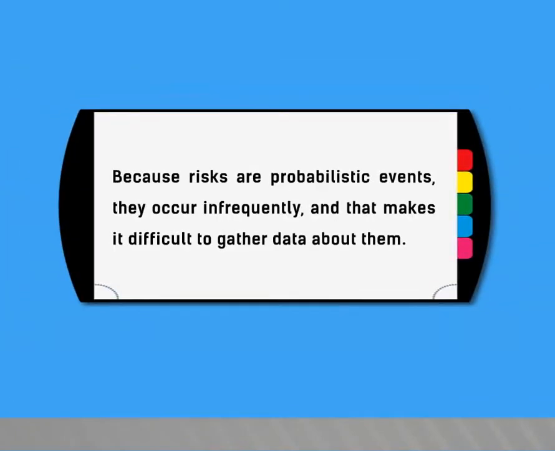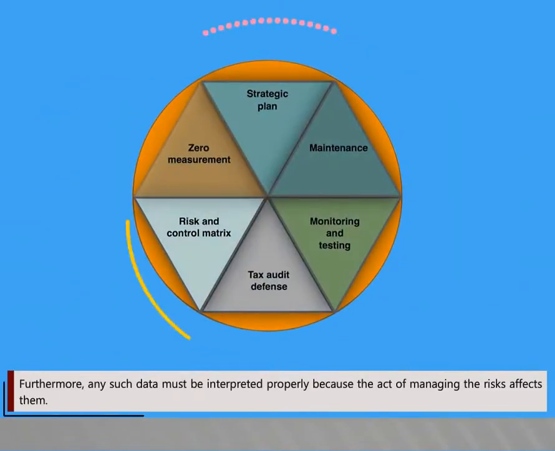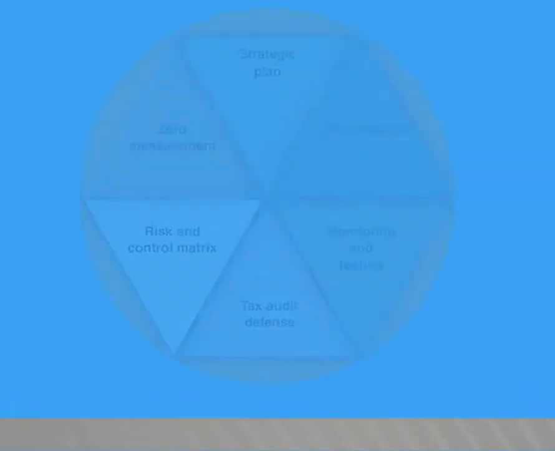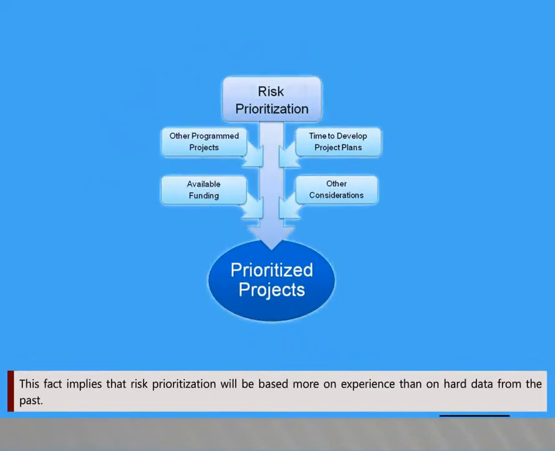Because risks are probabilistic events, they occur infrequently, and that makes it difficult to gather data about them. Furthermore, any such data must be interpreted properly because the act of managing the risks affects them. This fact implies that risk prioritization will be based more on experience than on hard data from the past.